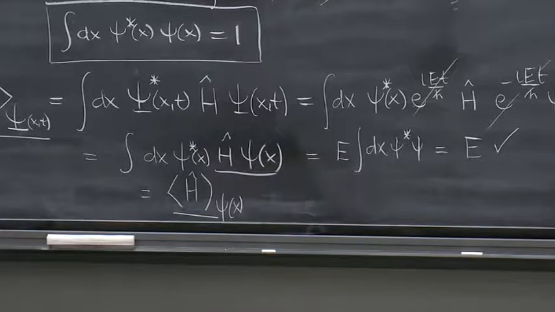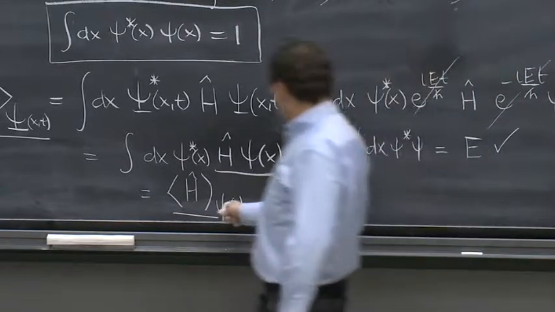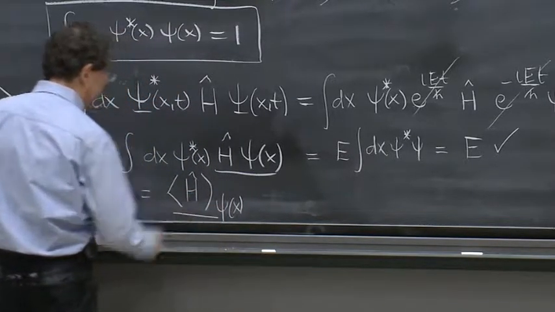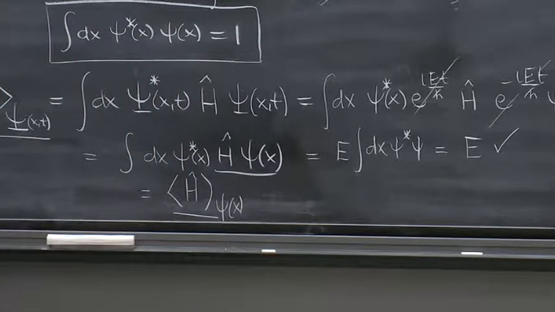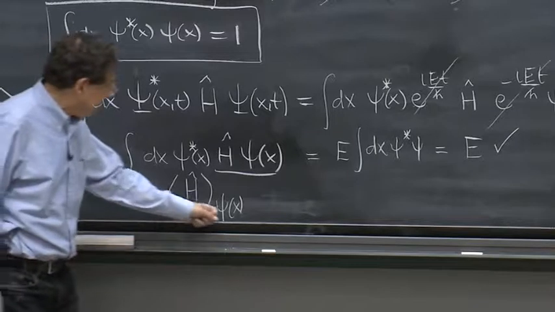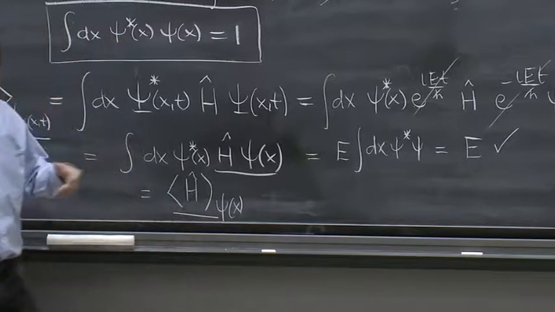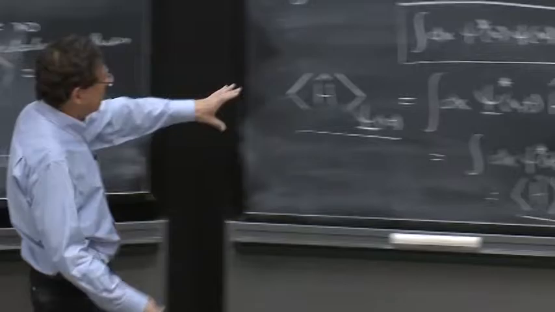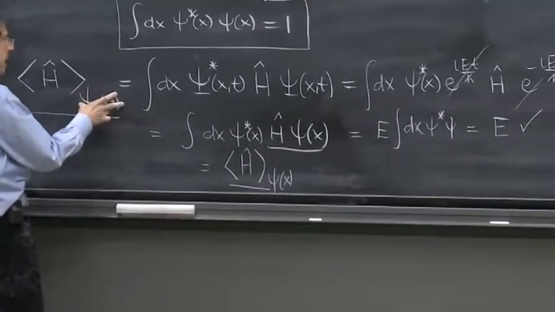By the way, these psi of x's are energy eigenstates. So you would expect zero uncertainty because they are energy eigenstates. So there's zero uncertainty of the energy operator in an energy eigenstate. There's zero uncertainty even in the whole stationary state.